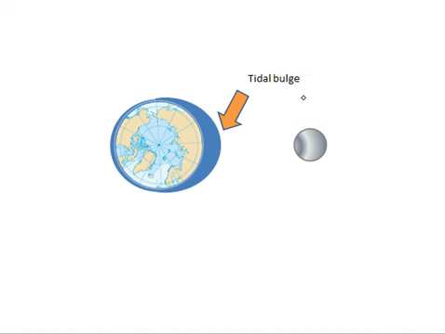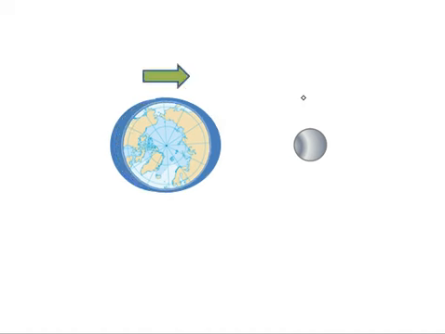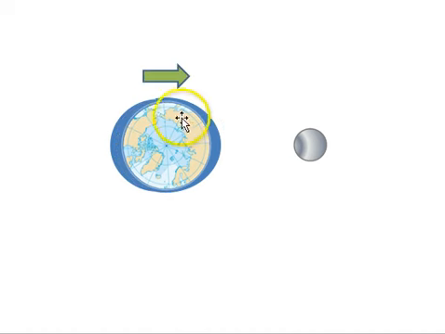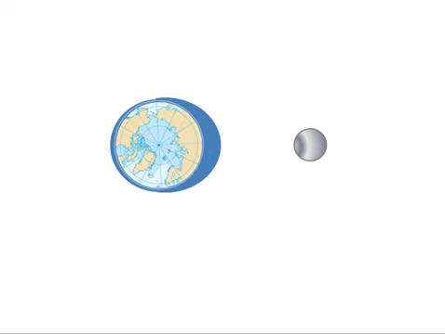Now, the next thing we're going to look at is a little bit more tricky, and people often have questions about it, and that is the fact that the moon also pulls the Earth towards it somewhat. Now, if we're to visualize the effect of gravity from the moon, we could draw a little graph here.